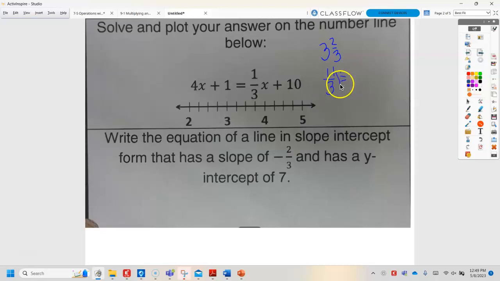And then you're going to subtract over the 1 with the x on the other side. So we move that 1 away from our x's. So you get 11/3 equals 9. Multiply by our reciprocal.